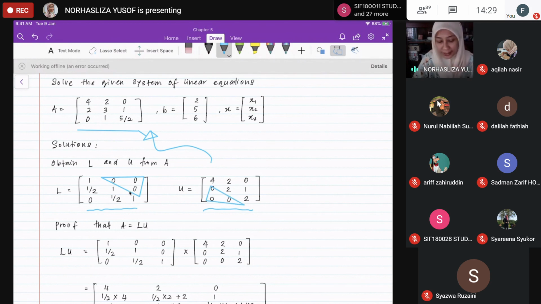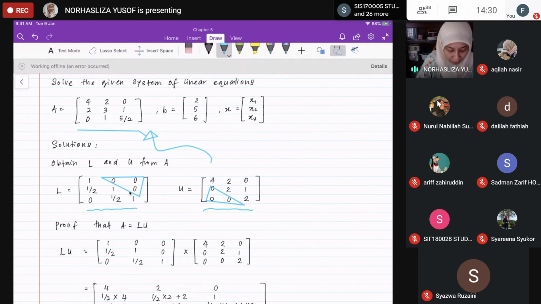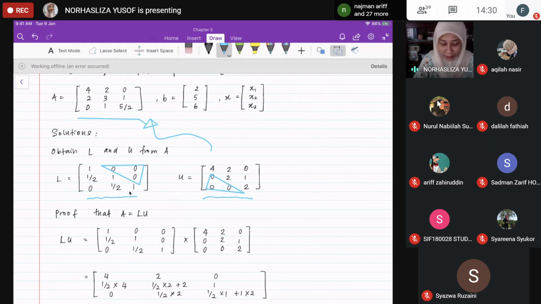L means that the lower value has value and the upper is 0, while for U, the lower value is 0, but the upper value, you have value at the upper diagonal, right? So you can see here, we make it 0, and then we can do the LU factorization. Okay, so I don't show this step, but you can have a try.